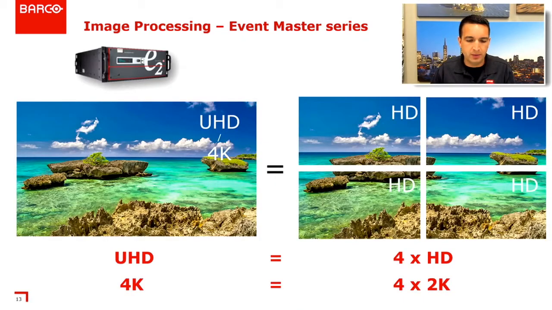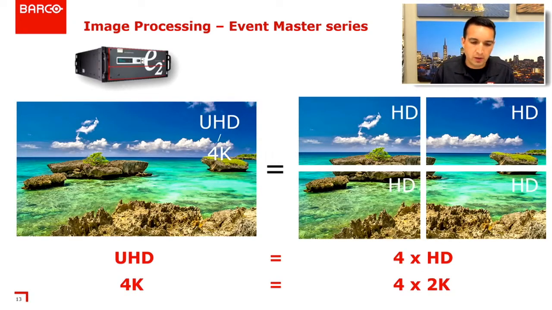So when we talk about 4K, UHD/4K is essentially a 2x2 matrix of HDs, right? So it's 2 wide by 2 tall HD or 2K to create an overall resolution of 3840 by 2160 or 4096 by 2160, also known as 4K.